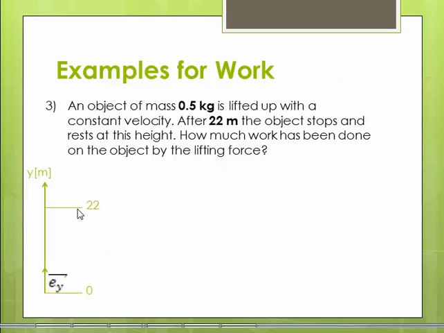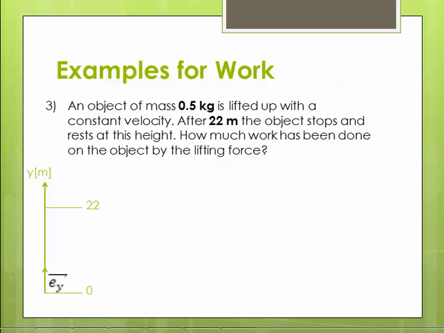In order to solve this question, we have to determine what is the lifting force. The lifting force, let's call it F lift, is given by minus the weight. Why? Because we need to overcome the gravitation force. So the lifting force is minus the weight.